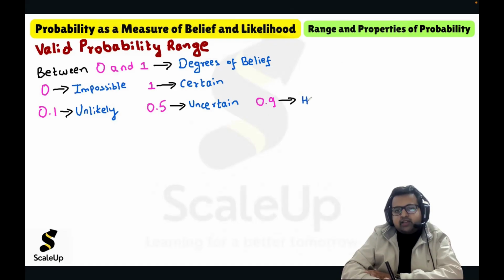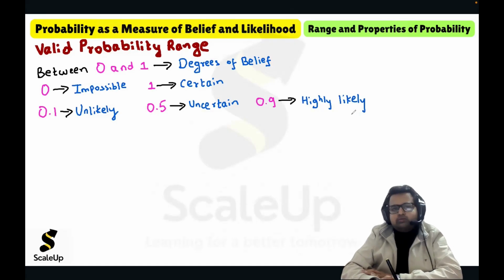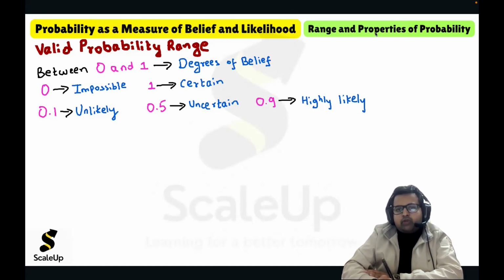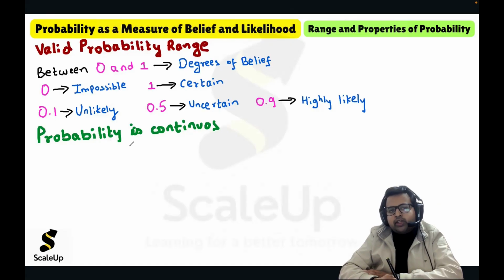There is a high chance of occurrence of the event. So like this, we can interpret probability. Now, one very important thing you should know: we saw that it can take any number between 0 and 1, so probability is continuous in nature.